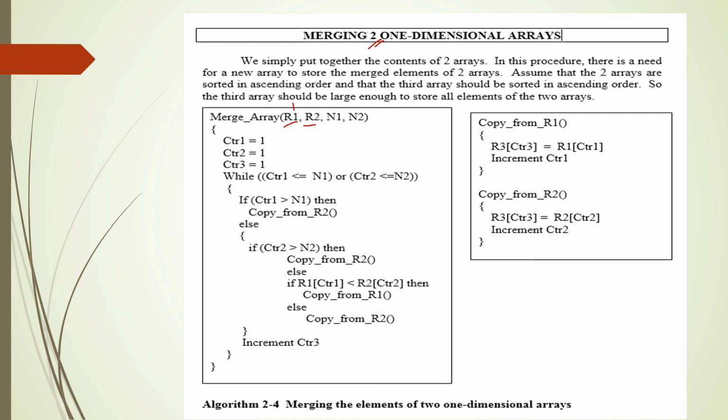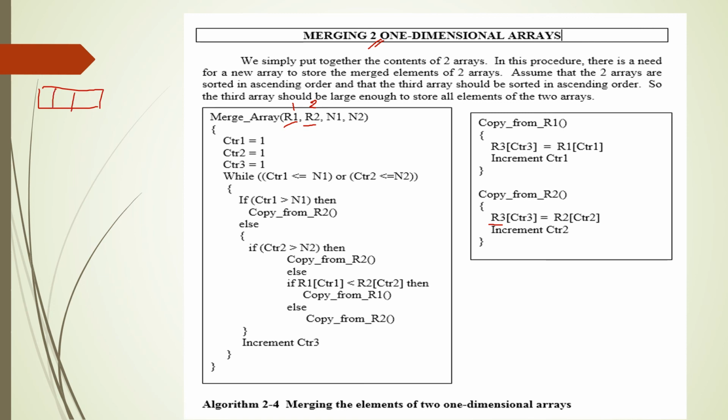R1 is the first array, R2 is the second array, and then R3 is our third array. Okay? So, I want you to simulate this pseudocode, okay?